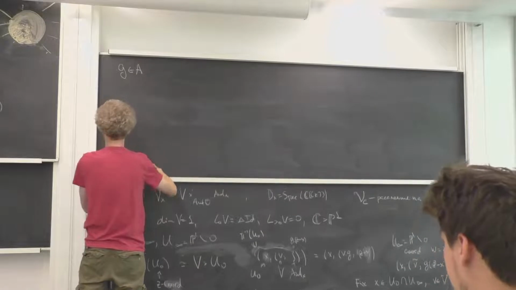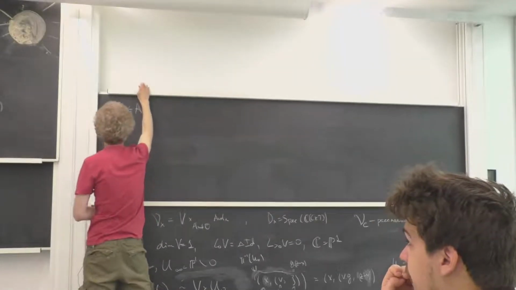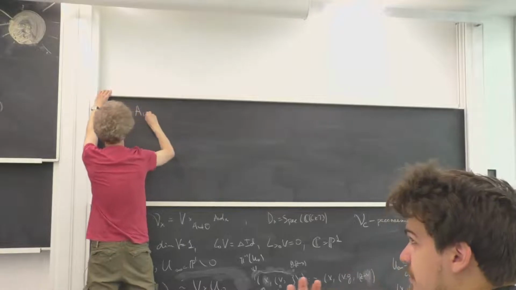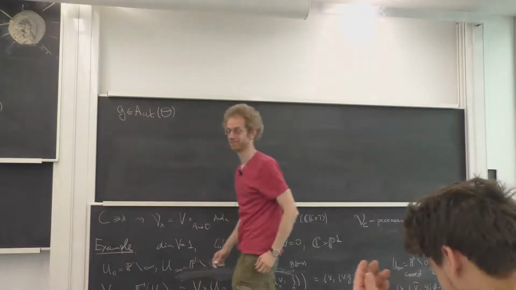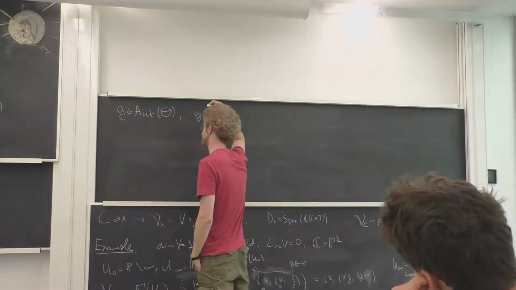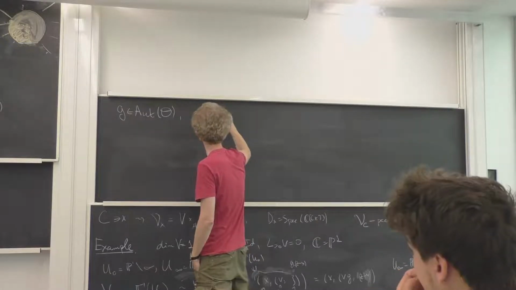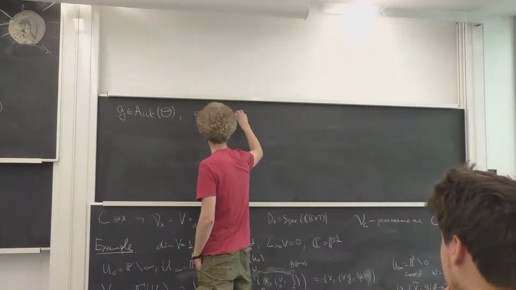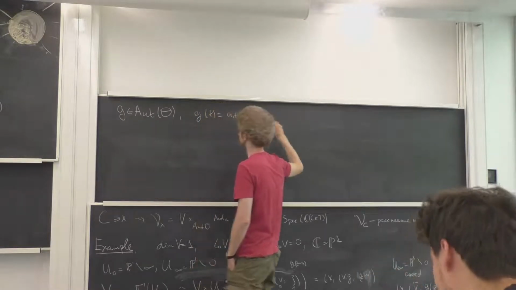Of course. We can write g to make it kind of independent of this data. Say that g of t is a1 t plus a2 t squared plus so on.